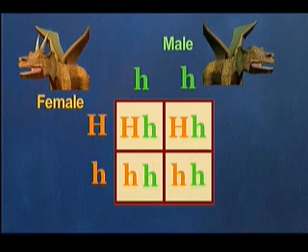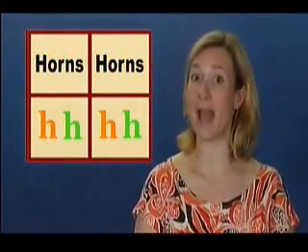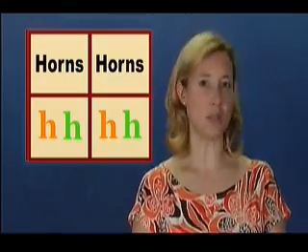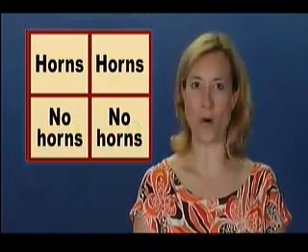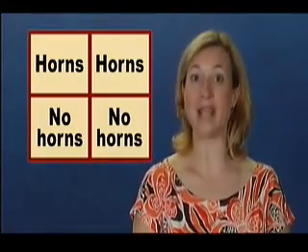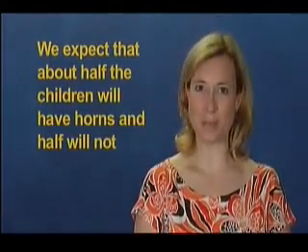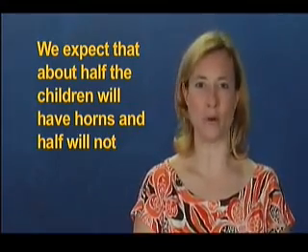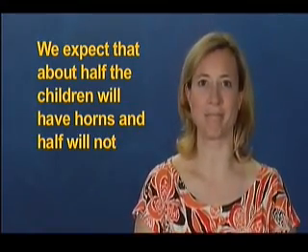What are the possibilities for these dragon babies? Well, the ones with a dominant H will have horns, and this is about half of them. The ones who get 2 recessive h's have no horns, like the father. Since 2 boxes have horns and 2 have no horns, we expect that about half the children will have horns and half will not.